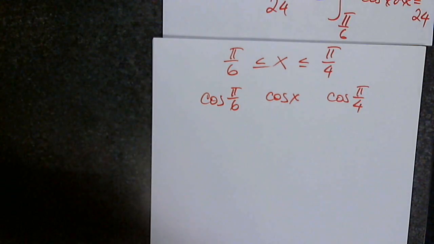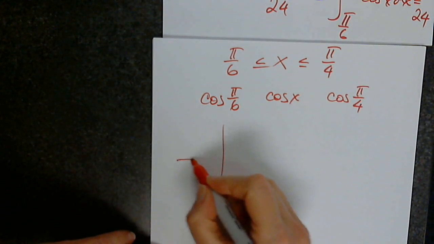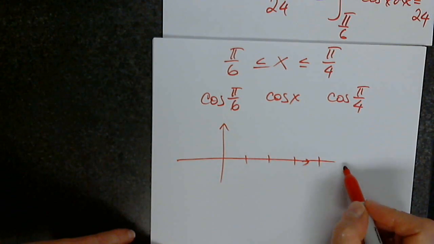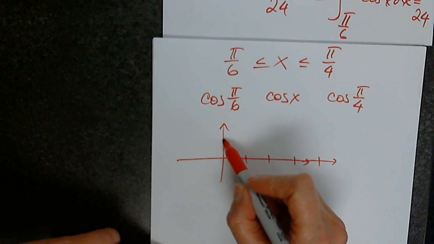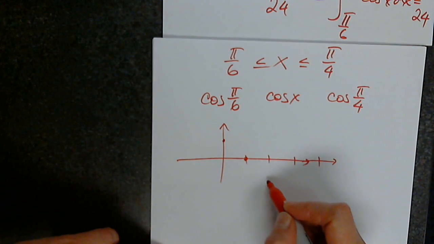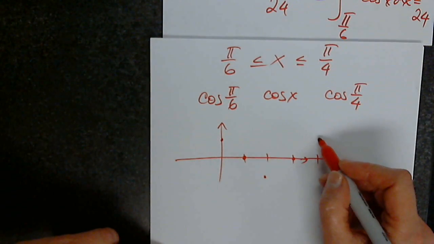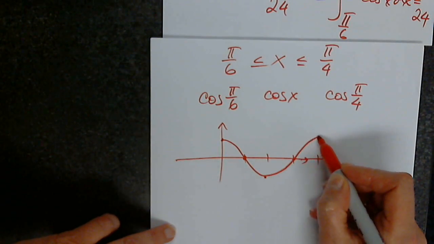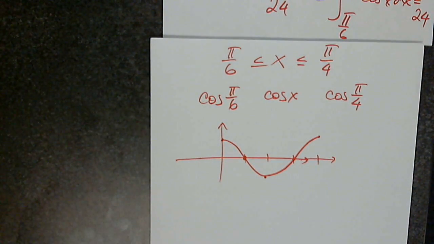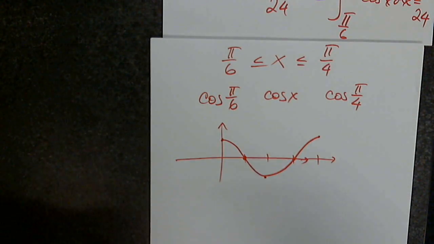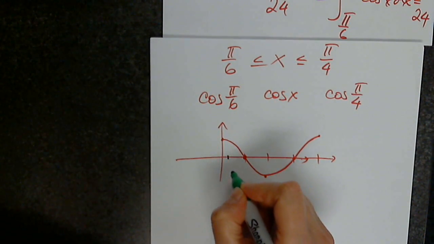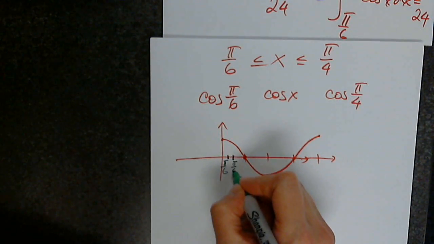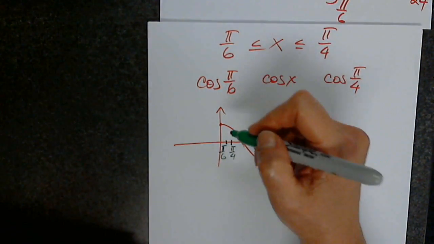So I'm going to graph a little bit of cosine. So I know cosine looks like this. So at 0 it is 1, at pi over 2 it is 0, then negative 1, then 0, and then 1. Pi over 6 is here, 30 degrees. Pi over 4 is here because it's 45 degrees.